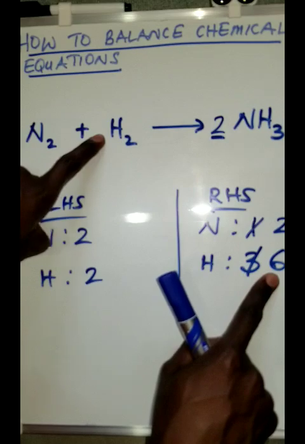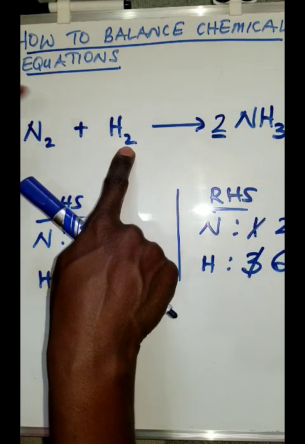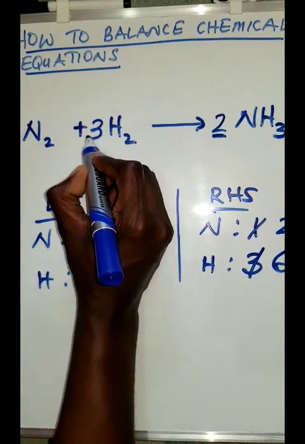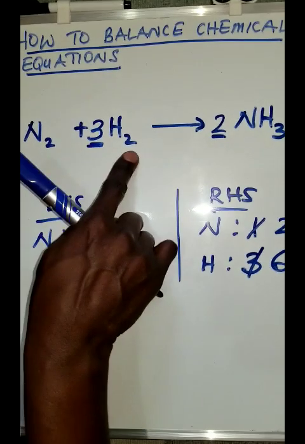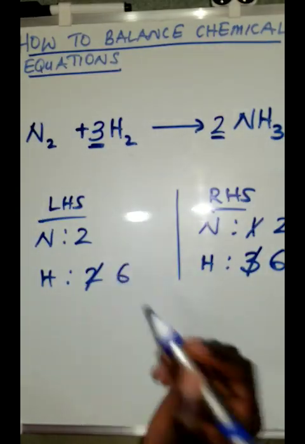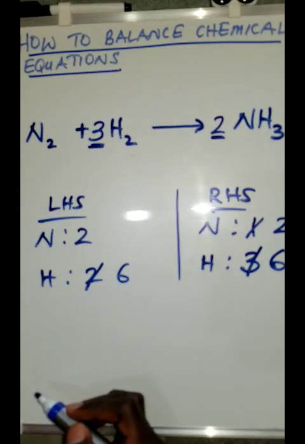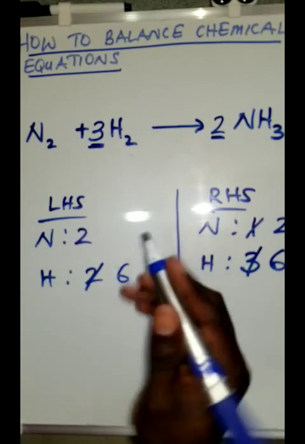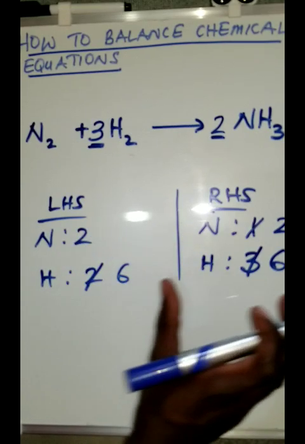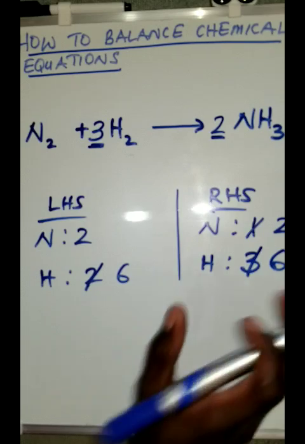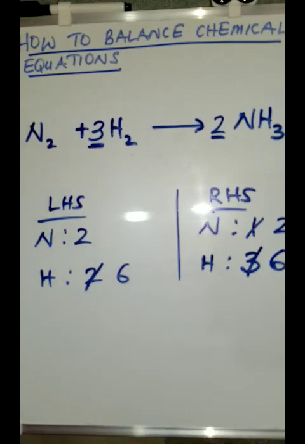Remember, when you put that coefficient times this one, it should give you a 6. Of course, it is actually 3, because 3 times 2 simply means that this one will go to 6. I hope we are together. So that's the way you can do it. So you can see the number of atoms on the left-hand side equals the number of atoms on the right-hand side. So it simply means the equation is actually balanced.